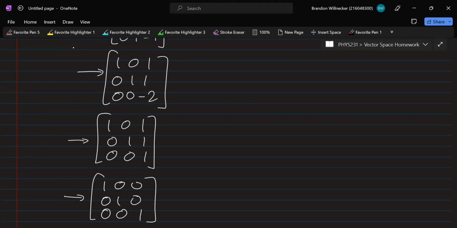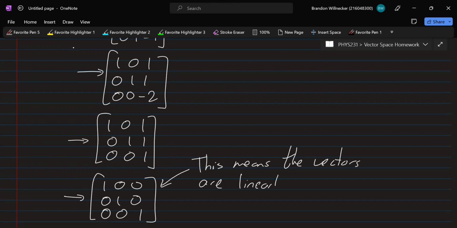Now, since we've got it in this form, we know that these vectors must be linearly independent. If any of these rows were the 0 row, then it would be dependent. So this means the vectors are linearly independent.